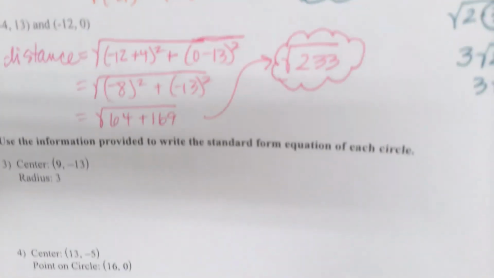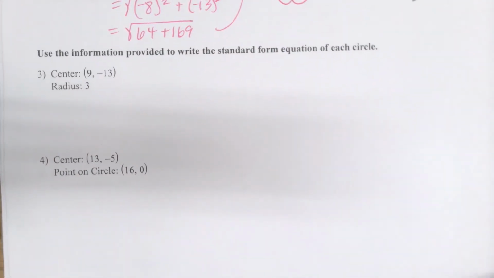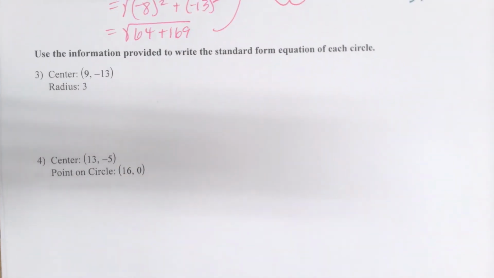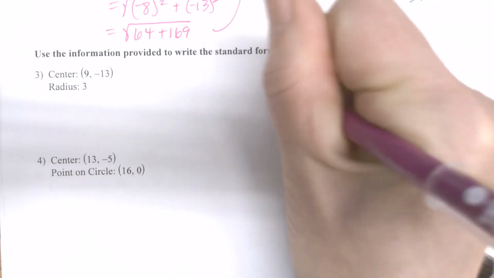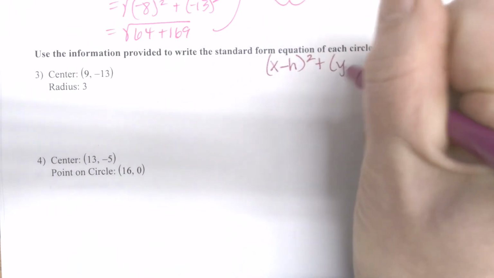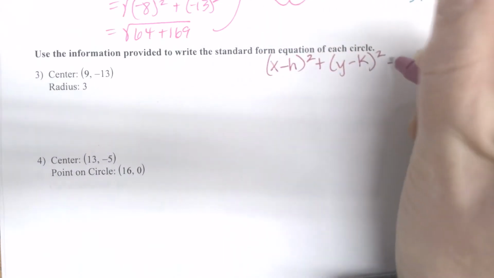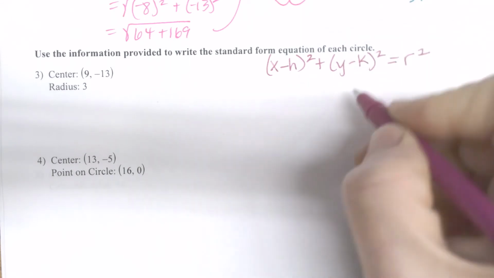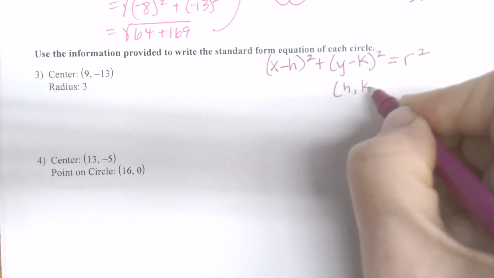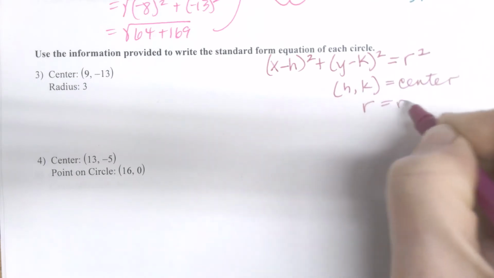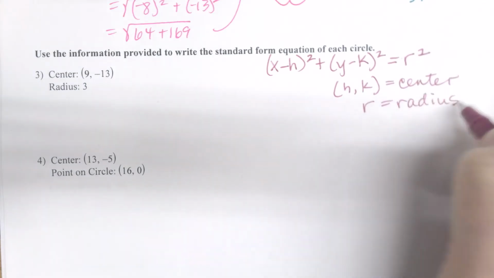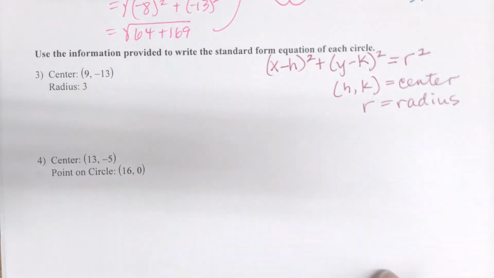Moving on to the circle portion, we're going to be writing the standard form of an equation for a circle, and that standard form is x minus h quantity squared plus y minus k quantity squared equals r squared, where h comma k is the center and r is the radius. The thing that I have to remember is that I'm using r squared.